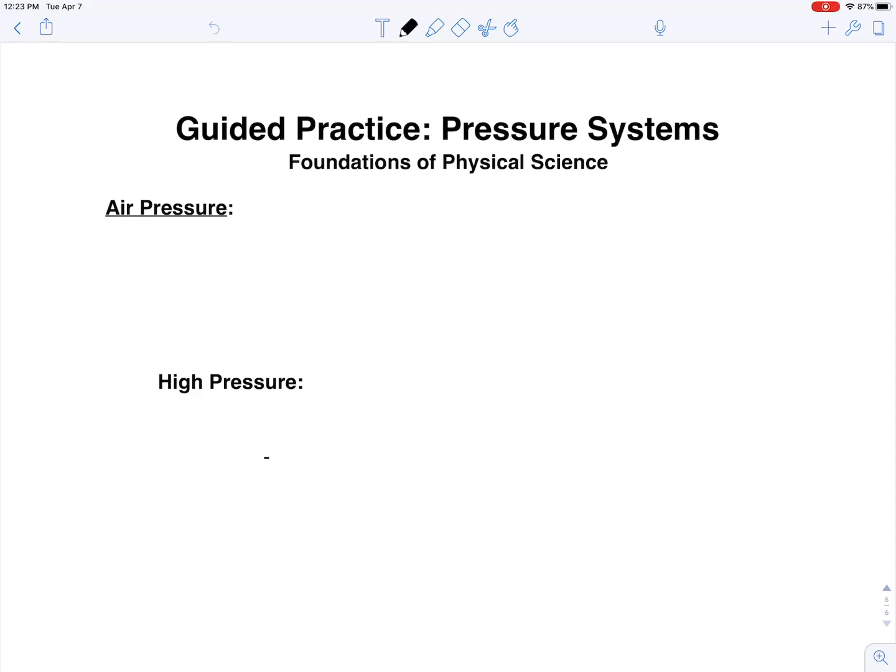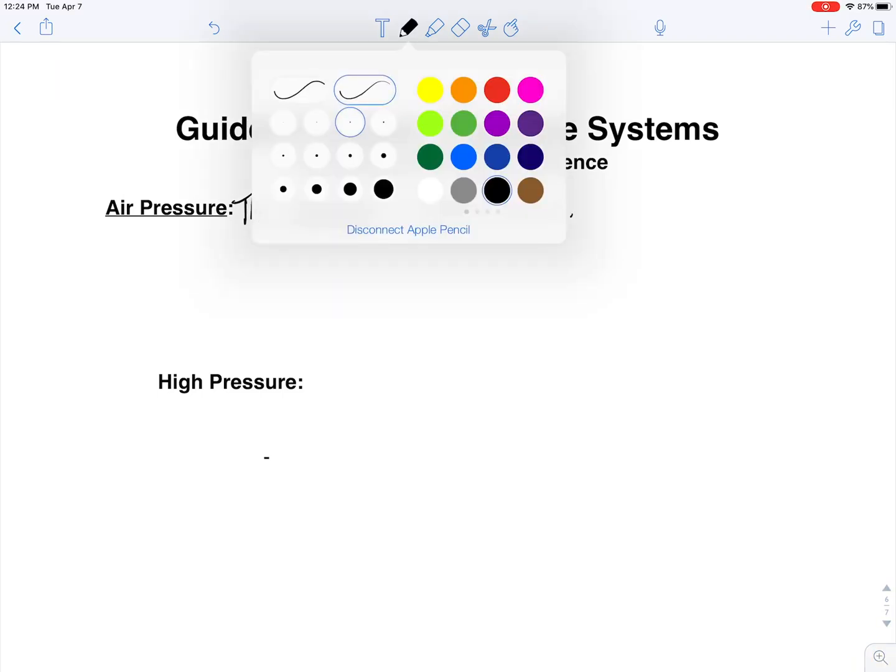Let's talk about air pressure. Hopefully at this point, you've already seen me crush a can using only the air pressure in the room, right? We said air pressure at sea level is on average about 15 pounds per square inch, but it can be higher and it can be lower. So let's write this. The atmosphere is like an ocean. I love this analogy.